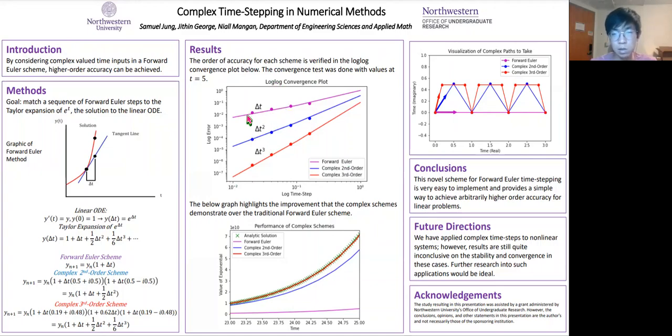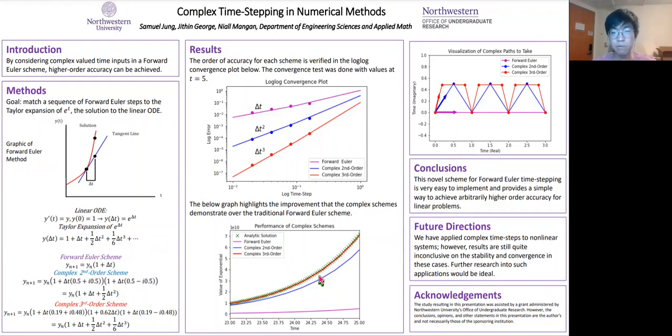What these lines show is how the error should scale with the size of your time step if it was truly scaling with delta t, and the same with delta t squared and delta t cubed. If you plot the values for each one, you find that it does match up. This confirms experimentally that our theoretical order of accuracy is true.